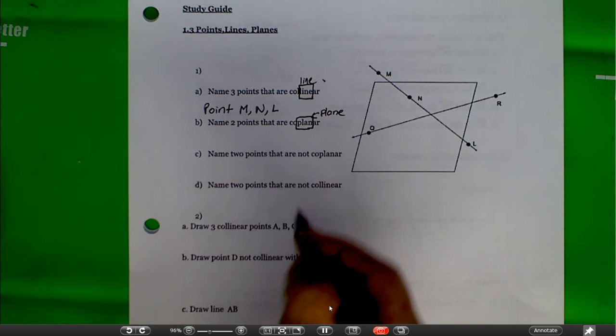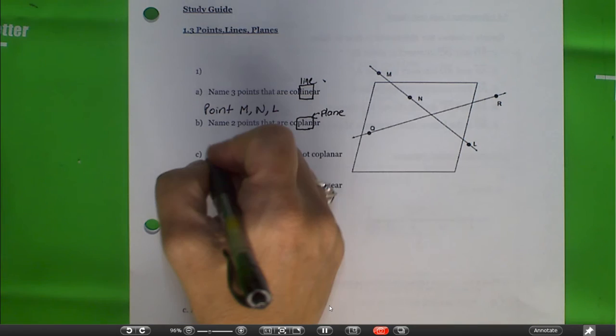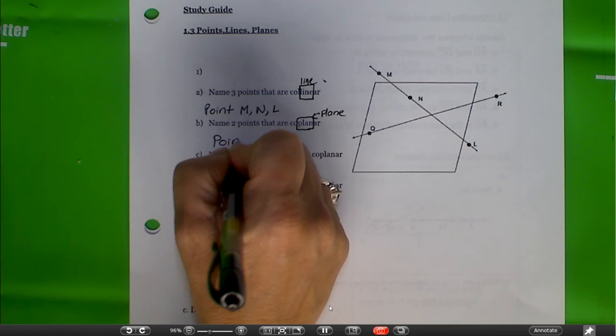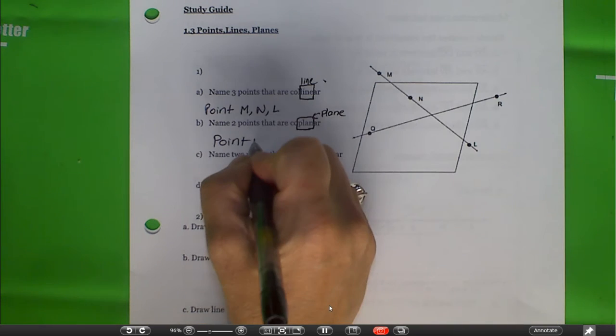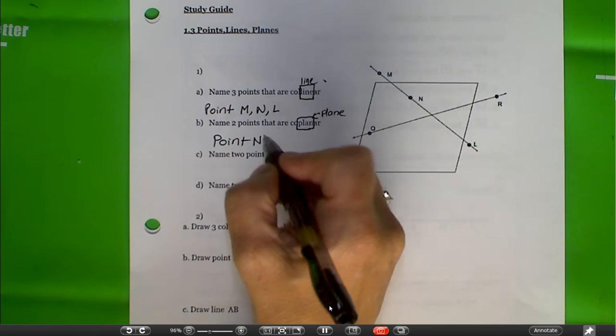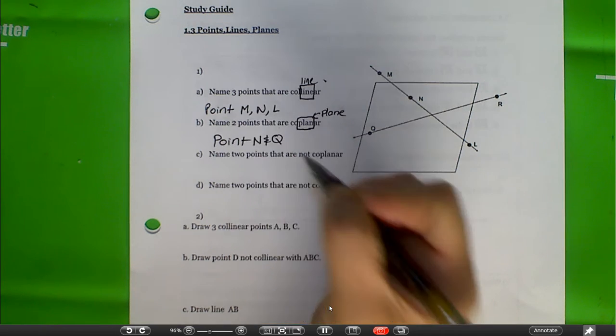So those are 2 points on the same plane, and I'm going to call this point N and Q.